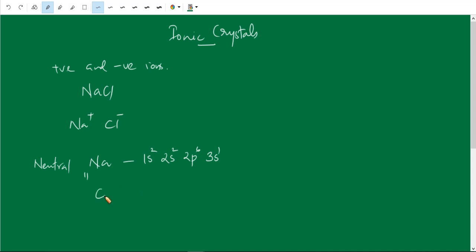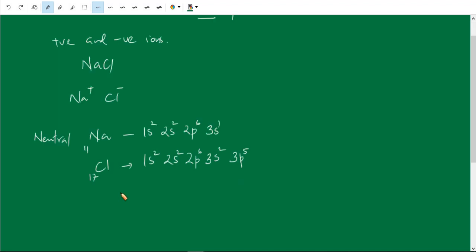Similarly, Cl is 17, so 1s2, 2s2, 2p6, 3s2, 3p5. This is the electronic configuration of neutral Na and neutral Cl atoms.